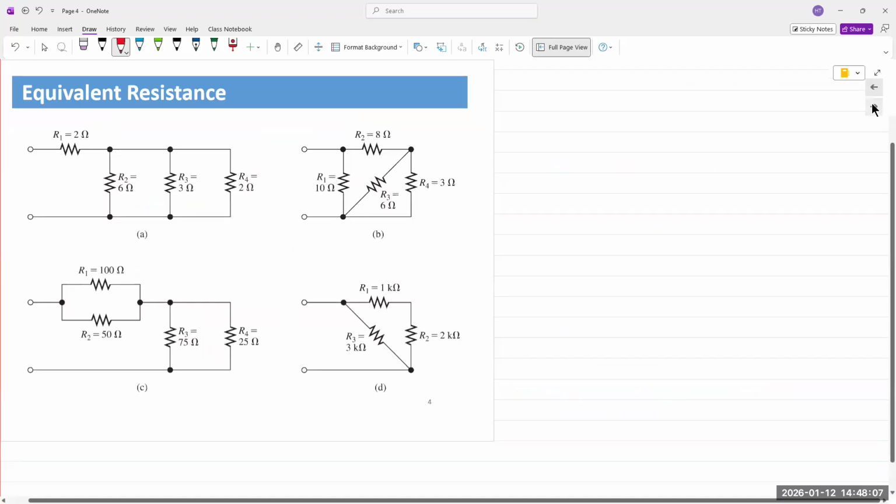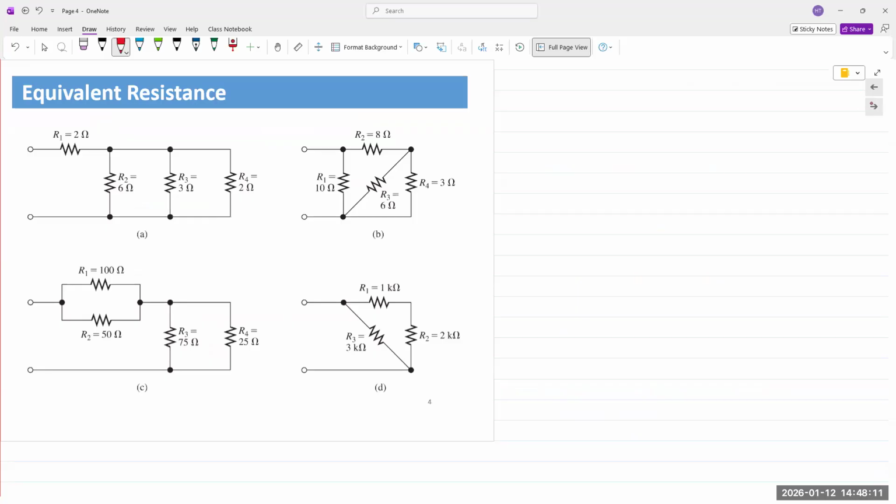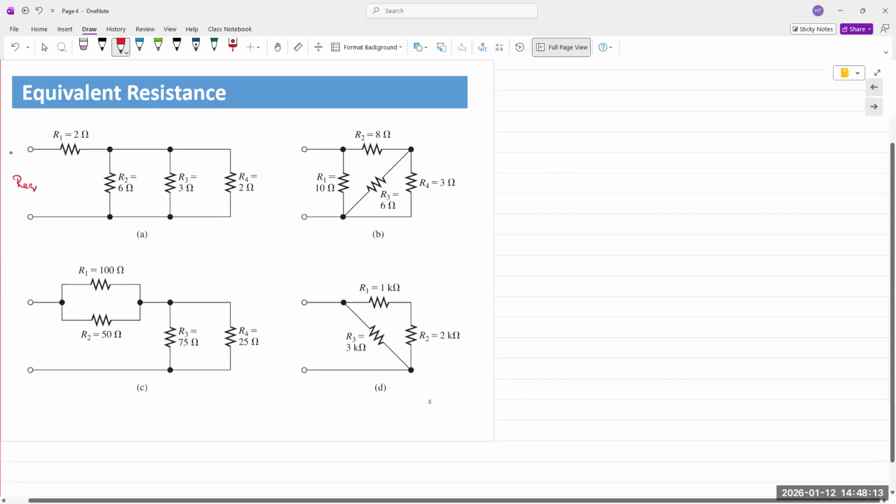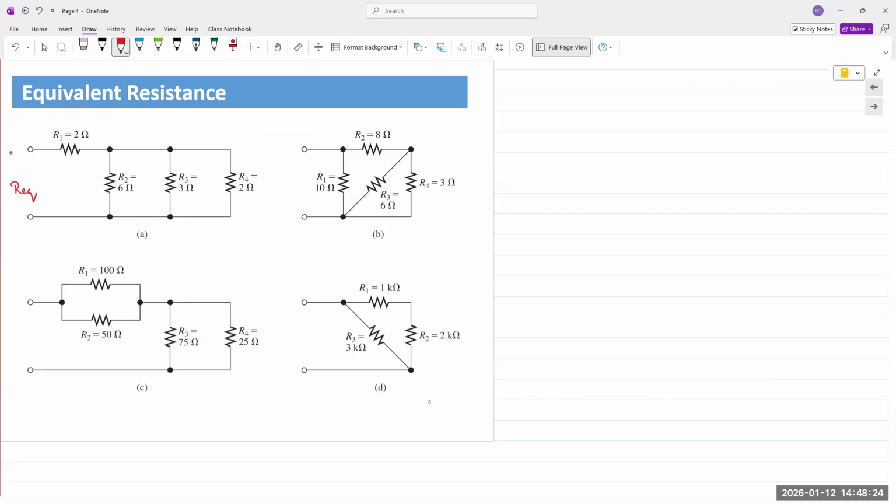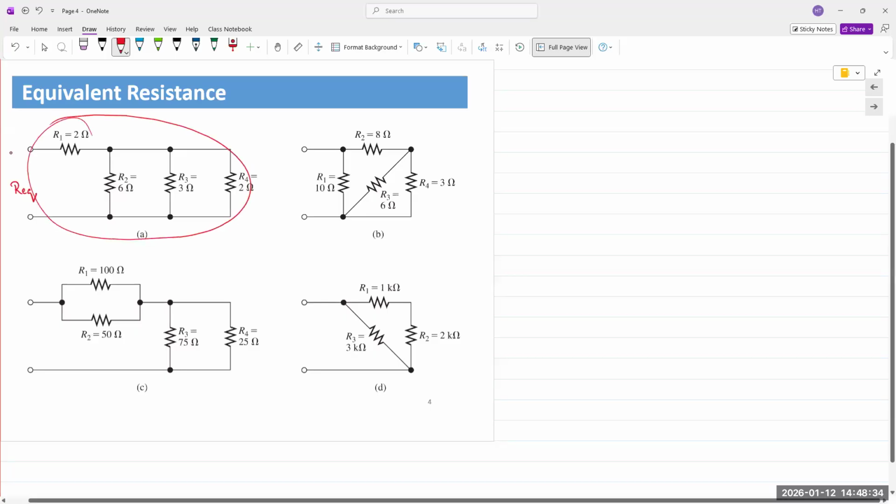So here we have 4 circuits. We are asked to find Req from the perspective of the terminals on the left. Okay, Req from the left. So when you're trying to find Req, there are multiple techniques. One of the first and the easiest technique is when you have a circuit that is laid out in nice rectangular format like this.